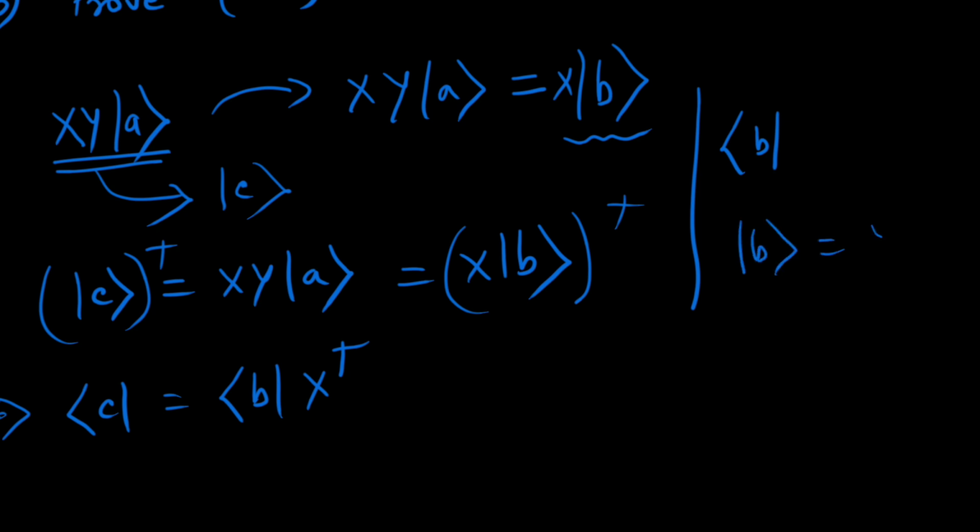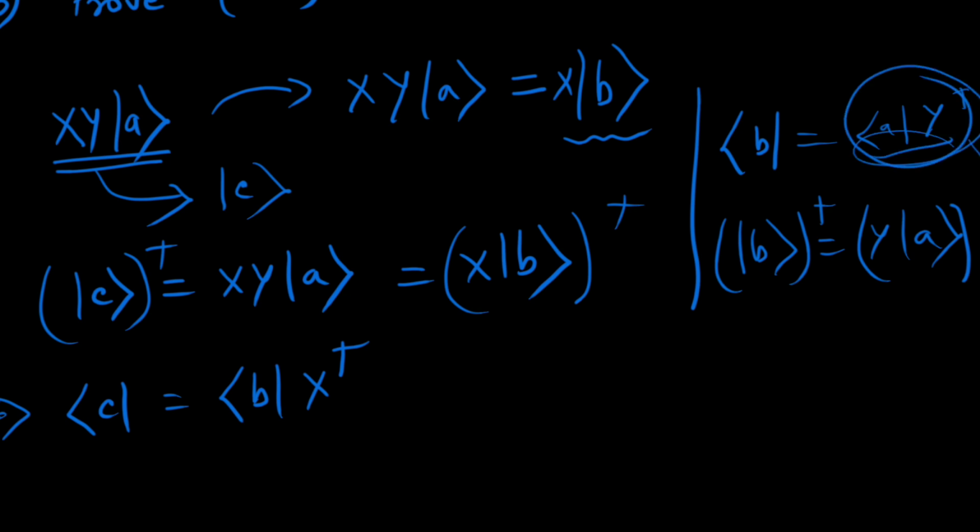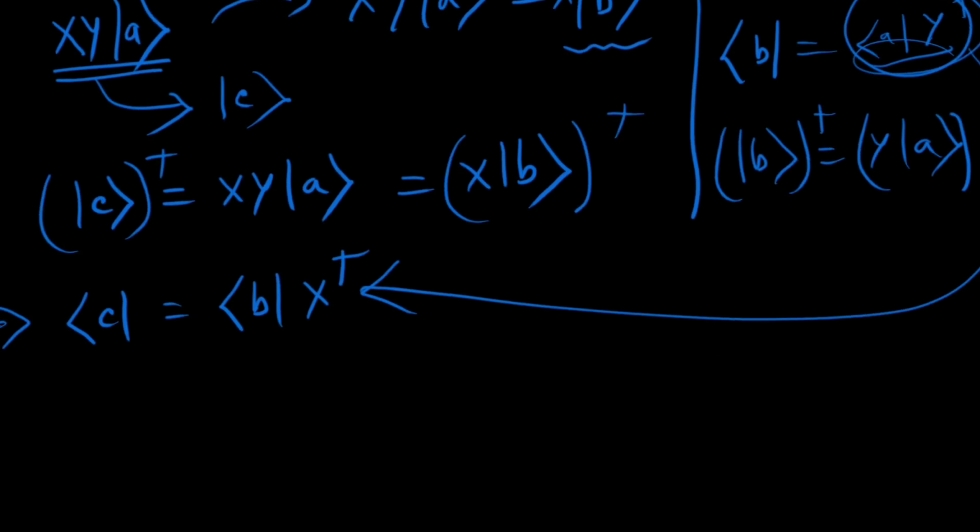B is nothing but y acting on A. If we take the Hermitian conjugate on both sides, we get the bra of B equal to the bra of A times the Hermitian conjugate of y. So we can put this value over here. What do we get? We get the bra of C equal to the bra of A, y Hermitian conjugate, x Hermitian conjugate.